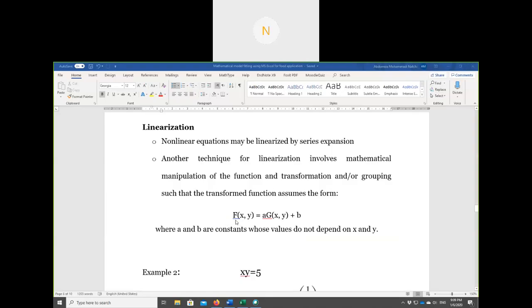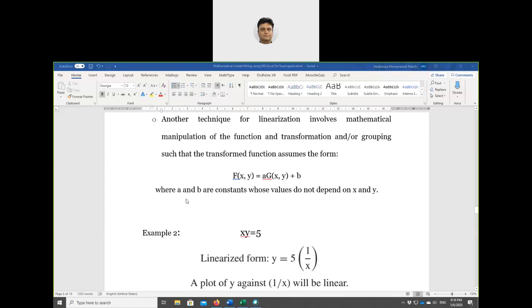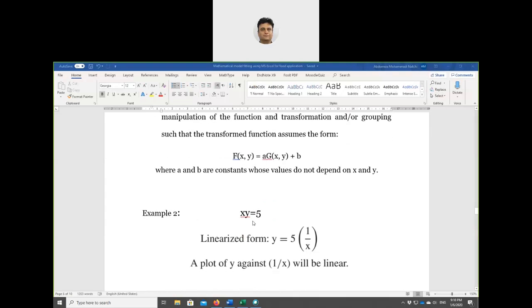For example, if we want to transform f(x, y) to a format of g(x)y plus b, we want to transform our nonlinear to a linear format. For example, xy equal to 5. This is nonlinear, as you know.